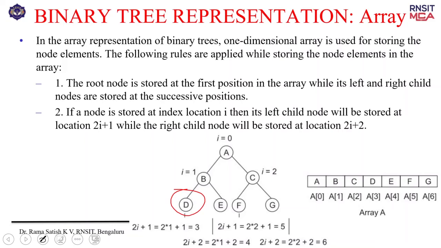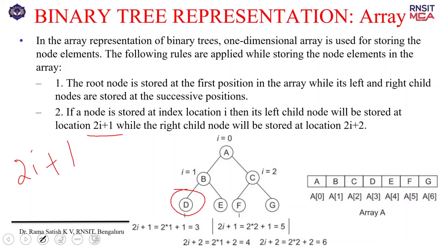D is the left element. For a left element, the formula is 2i plus 1. So who is the parent for D?